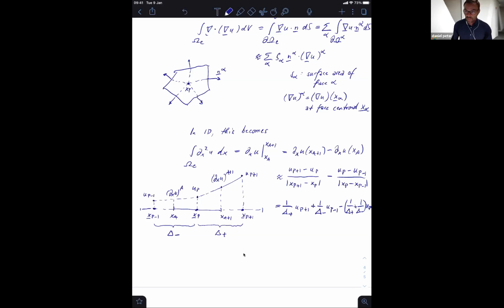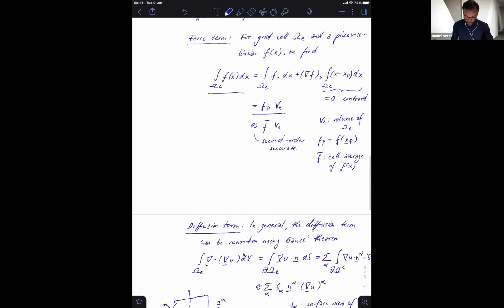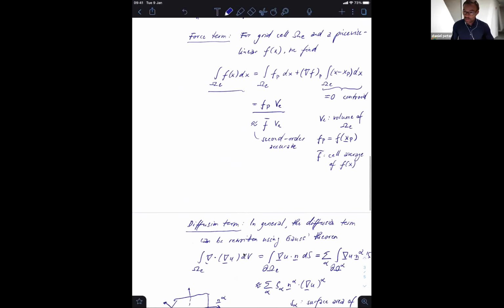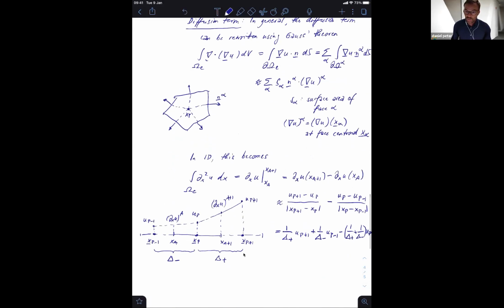Is that clear so far, what we're doing? So now we have a discretized scheme. You see we have the force term on top, discretized. We have the diffusion term, now discretized.